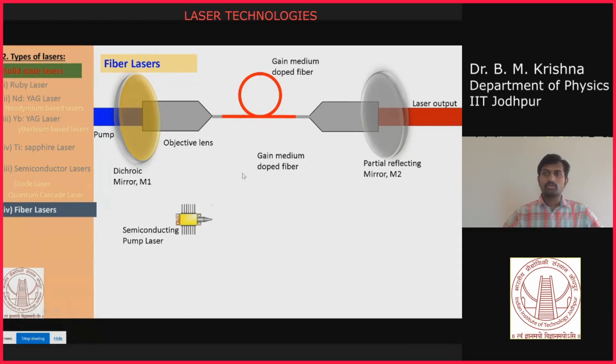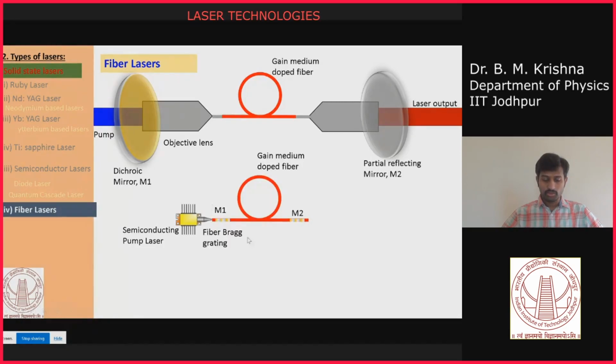Now we know that we have semiconductor lasers. In our previous sessions we discussed that semiconductor lasers can be very tiny, and the light released from them has micron spot sizes at the exit. So you collect that light and couple it to your gain medium, the doped fiber.